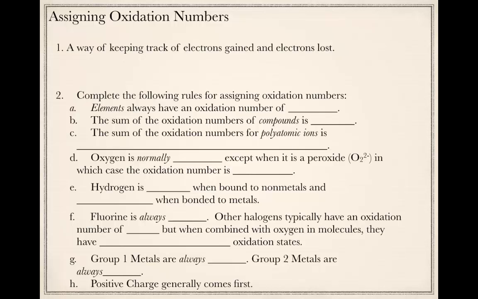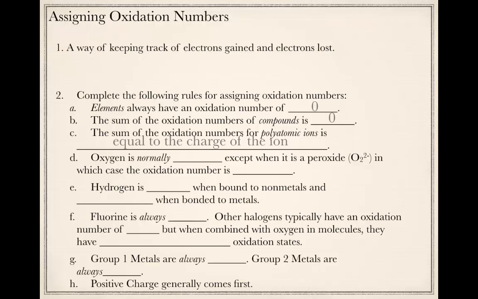So let's go over some of the rules for assigning oxidation numbers. The first one is that elements, so atoms in their elemental form, have an oxidation number of 0. The sum of the oxidation numbers of a compound, assuming that compound is neutrally charged, is also going to be 0. And finally, the sum of the oxidation numbers for a polyatomic ion must be equal to the charge of that polyatomic ion.